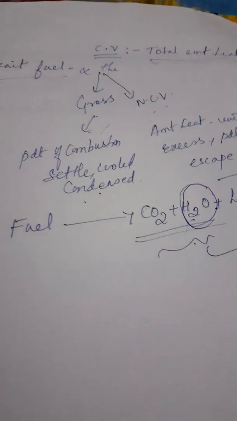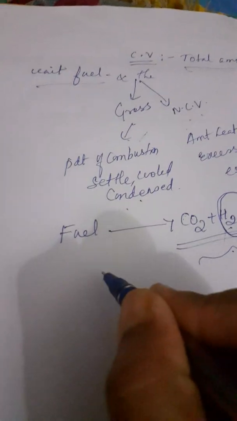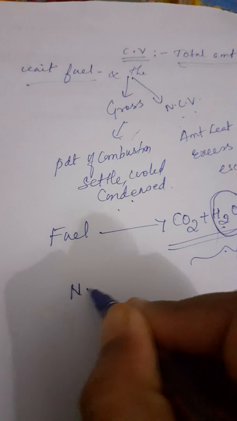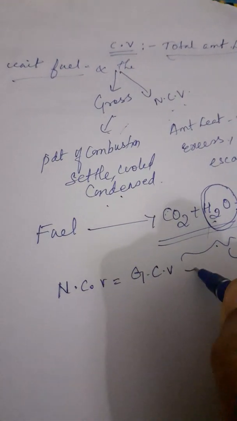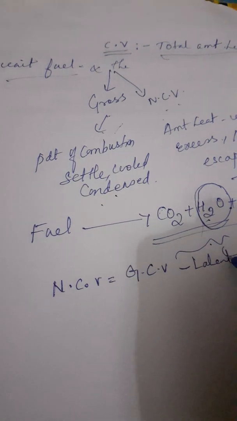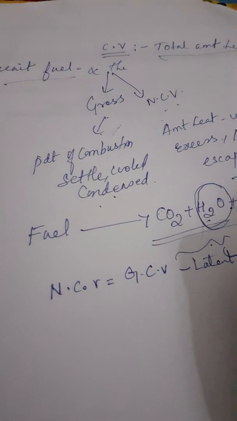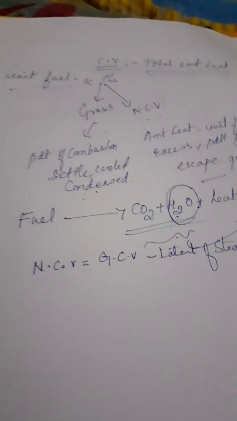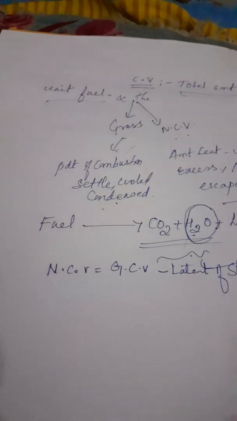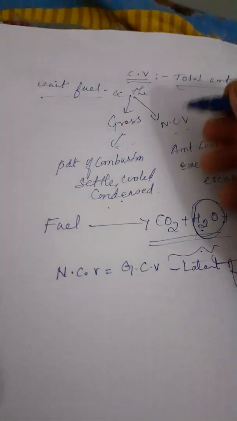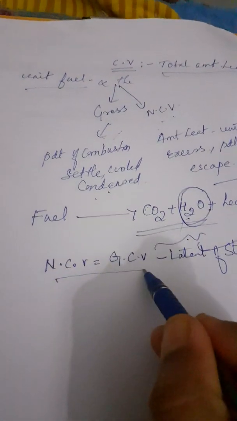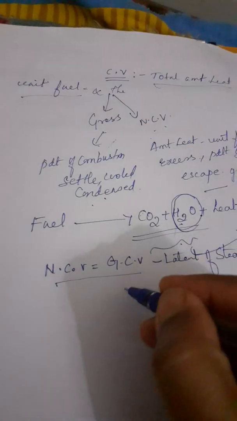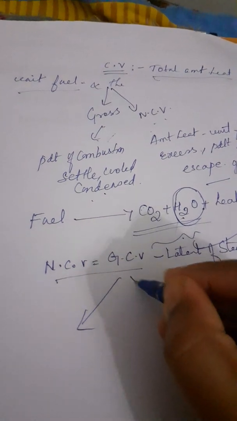Now how can we correlate these two? By using an equation. Net calorific value is equal to gross calorific value minus latent heat of steam. Now how can we find out the calorific value of a fuel? Experimentally there are two methods.